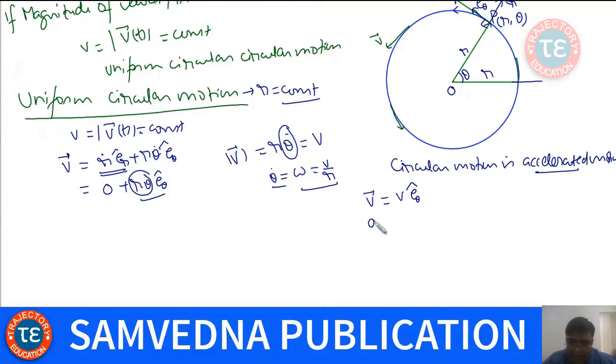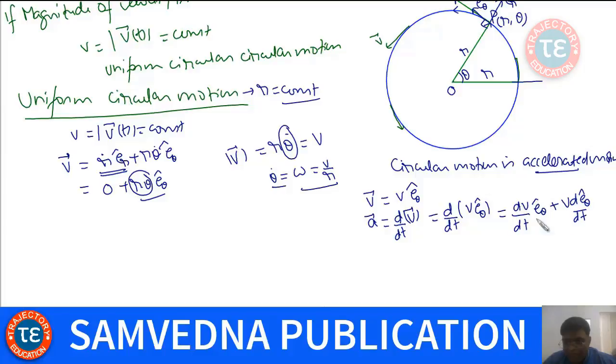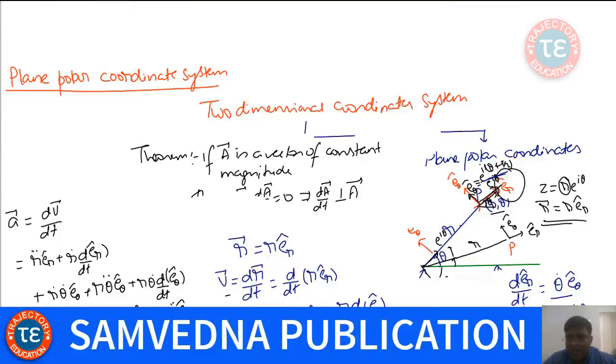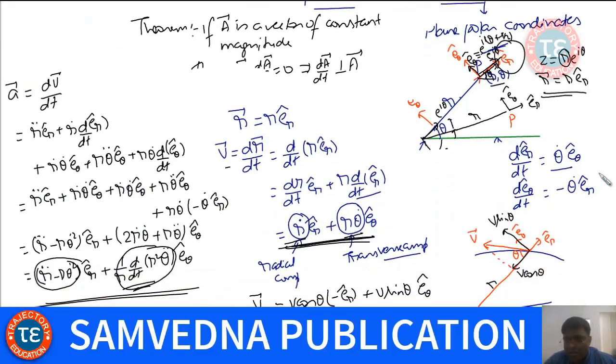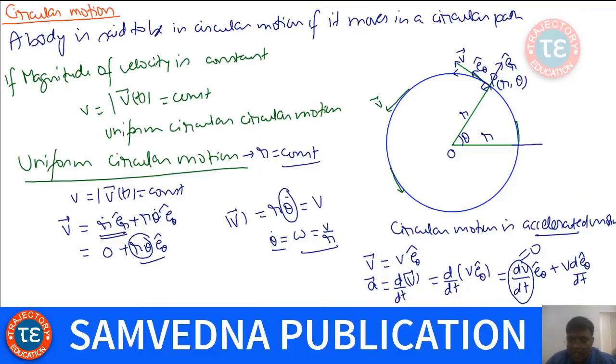And if I find acceleration, acceleration is d by dt of v, or d by dt of v e theta. Since we are talking about uniform circular motion, dv by dt would be 0. So what is d e theta by dt? We have just found it. Put it over here: d e theta by dt is minus theta dot e r.